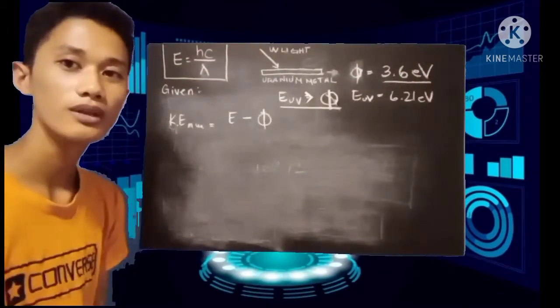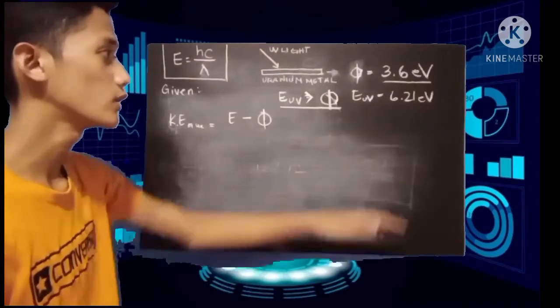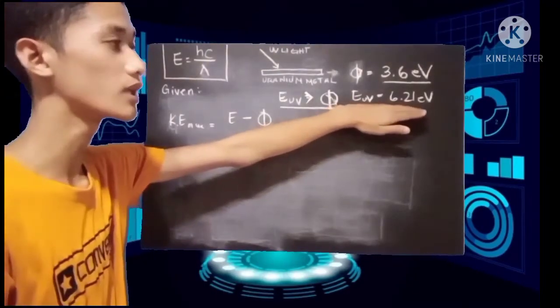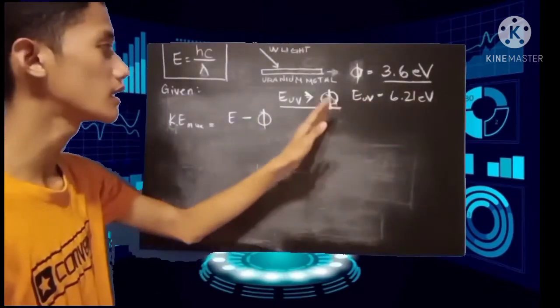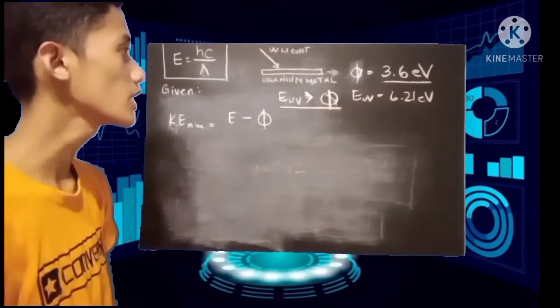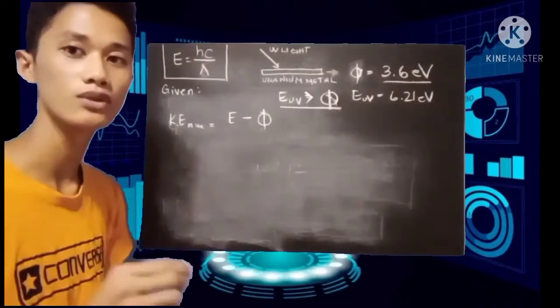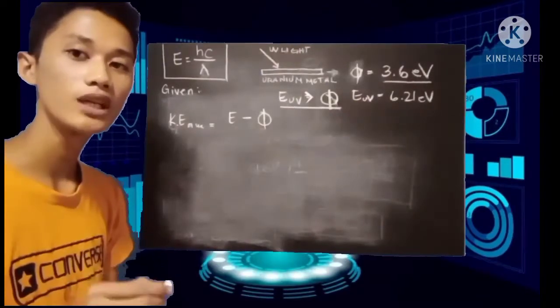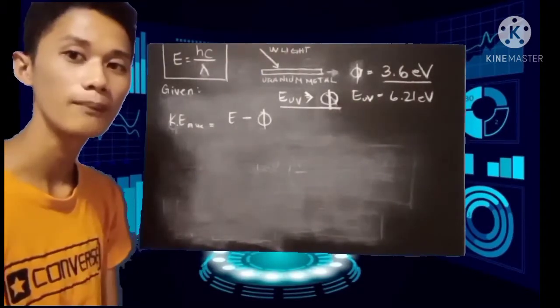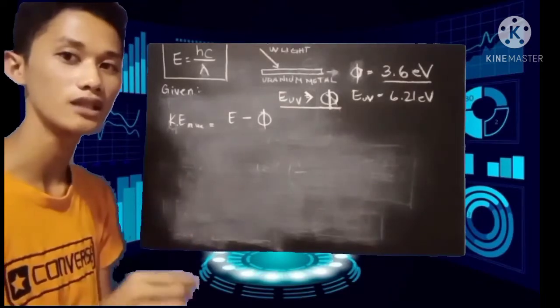Since we found out that the energy of the incident light, or the UV light, which is 6.21 electron volts, is greater than the work function of the uranium metal, which is 3.6 electron volts, we can calculate the maximum kinetic energy of the photoelectron, or the ejected electron.